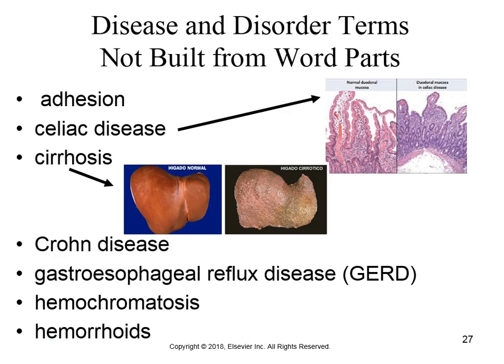Next we have GERD, or gastroesophageal reflux disease, which is why we call it GERD. This is where really you have a sphincter problem, and the gastrointestinal contents accidentally come back up into the esophagus.